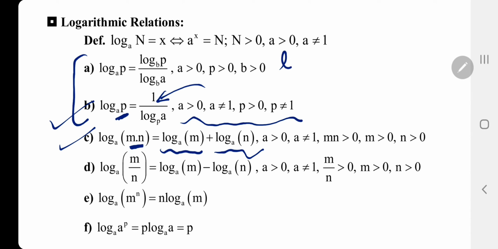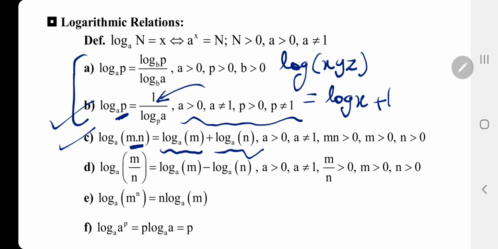For that matter, suppose on any base, I will not write the base, we have x into y into z. These are being multiplied and the logarithmic function is applied. We can always write it as log of x plus log of y plus log of z. So that is how it works. Let me rewrite it so that you can see it.